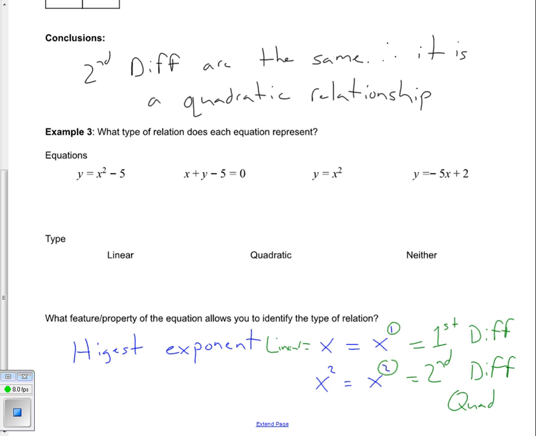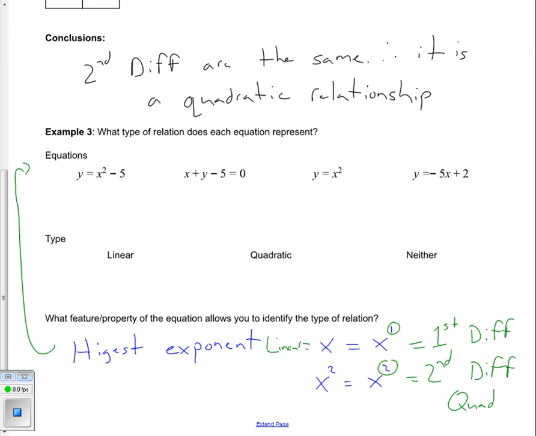So let's take a look and use this knowledge and apply it up here. So here we have y is equal to x squared minus 5. So the first thing you want to ask yourself is, what is the highest exponent out there? Okay, and again, if the highest exponent is 3 or 4 or 7, then it's neither a linear nor quadratic relationship.